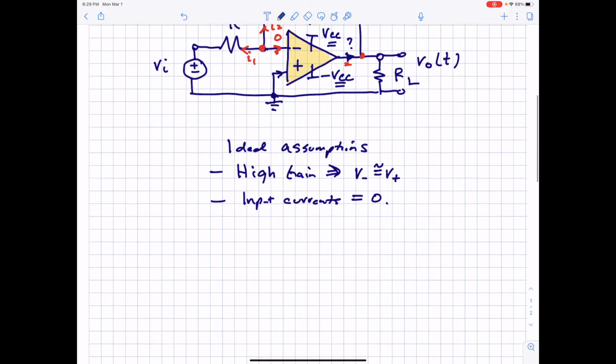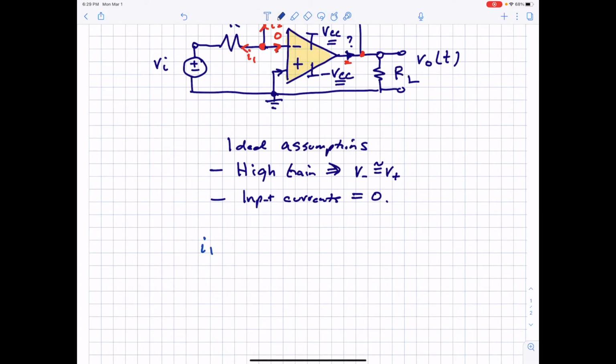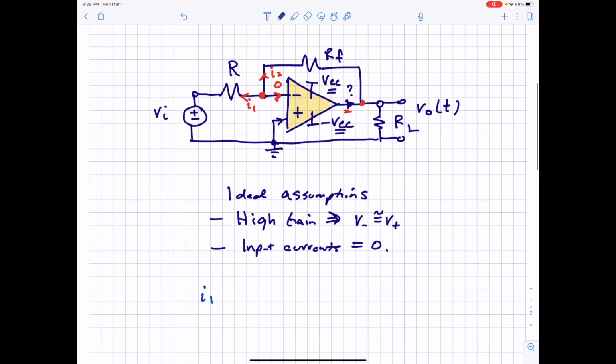You can get an idea of the current, but first, if you choose this as the reference voltage, and this is 0 volts, then the plus terminal here is at 0, which means this point is also at 0 volts. Those are the key assumptions, and once you have that, it's pretty easy to calculate these currents.